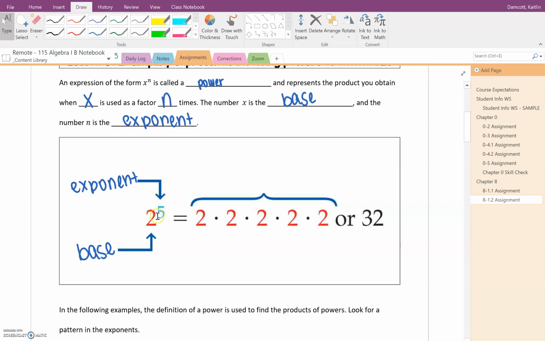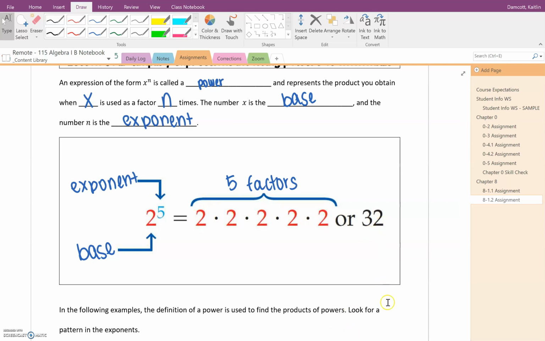So this really just means 2 times 2 times 2 times 2 times 2, and there are 5 2's there. So there are 5 factors. I'm just going to write that above here, 5 factors of 2. If you were to figure out what 2 times 2 times 2 times 2 times 2 is, that is 32.